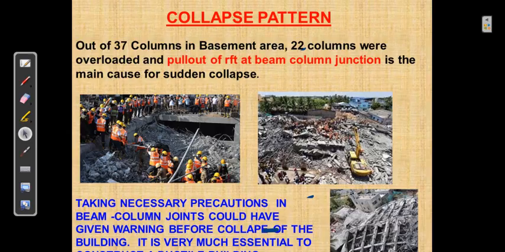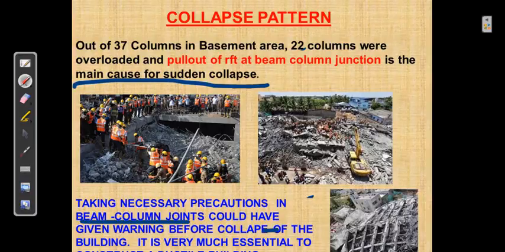Out of 37 columns in the basement area, 22 columns were overloaded and pulled out of the reinforcement at the beam column junction, which was the main cause of sudden collapse. So taking necessary precautions in the beam column joint is very important. It could have given warning before the collapse of the building. It is very much essential to construct the ductile building.